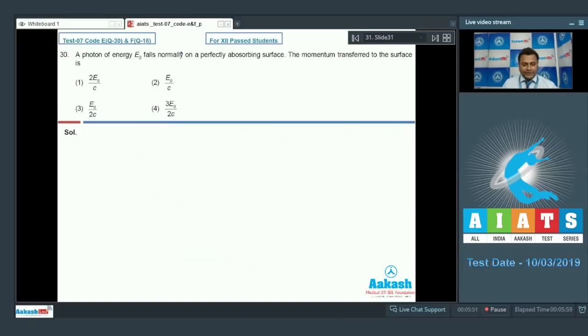Here is question number 30. A photon of energy E0 falls normally on a perfectly absorbing surface. The momentum transferred to the surface will be what? Now, we know very well that the energy associated with photon is given by hc by lambda, and according to de Broglie relation, lambda is h by p, or h by lambda we can write p directly.